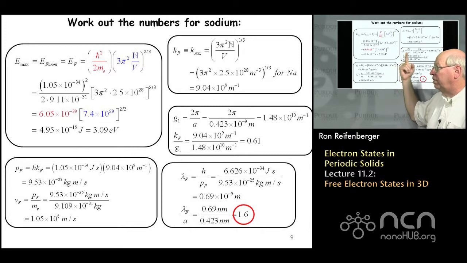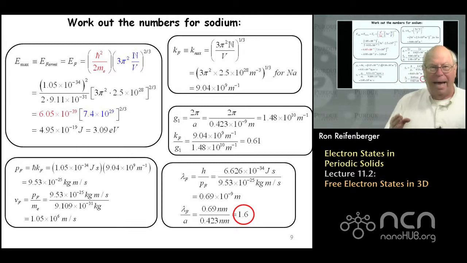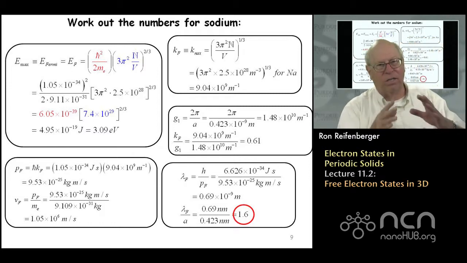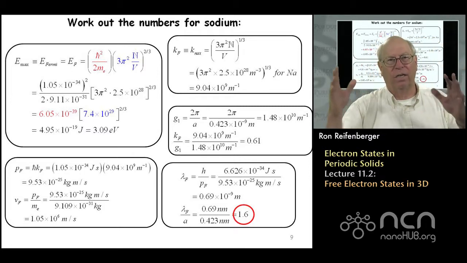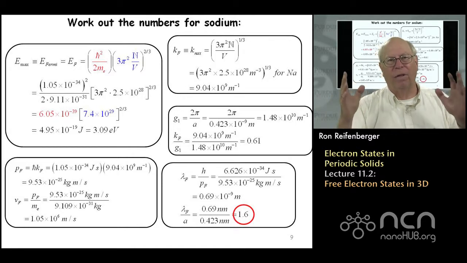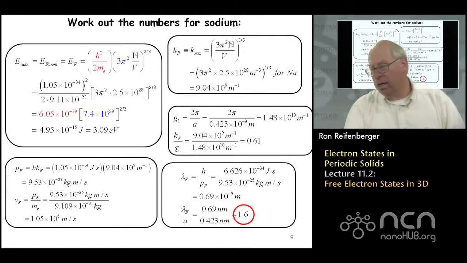So we calculate G sub 1 by knowing the lattice constant of the distance between atoms in a sodium crystal. We take the ratio of K sub F over G sub 1, and what we find is that the maximum wave vector that electrons can have in a sodium metal comes out to about 0.6 of the first reciprocal lattice vector, G sub 1.